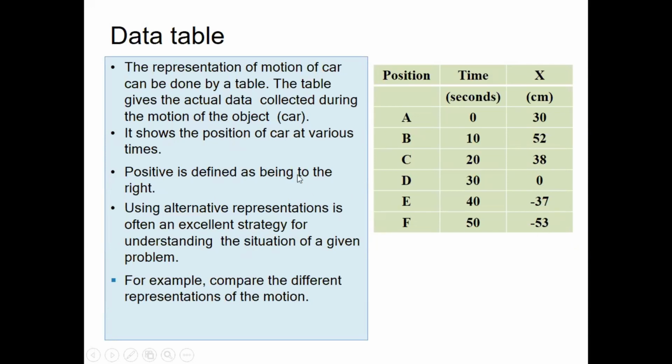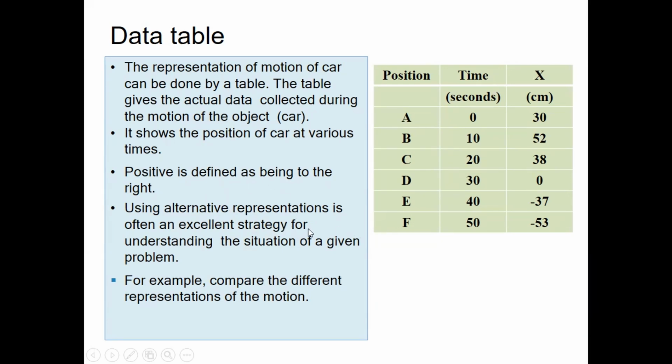You can see that the table represents the actual data which is collected, and it shows the position of car at various times. The time interval is 10 seconds in all cases. Position is defined as being to the right, the positive position, and position to the left is the negative position.